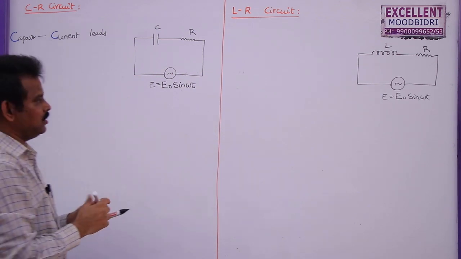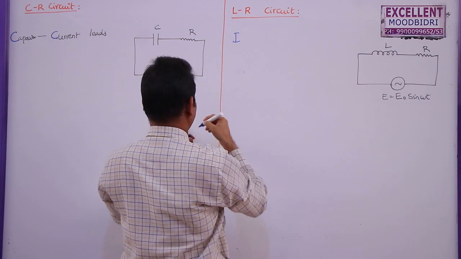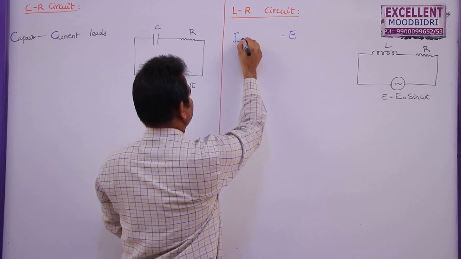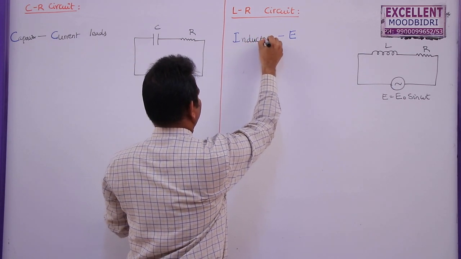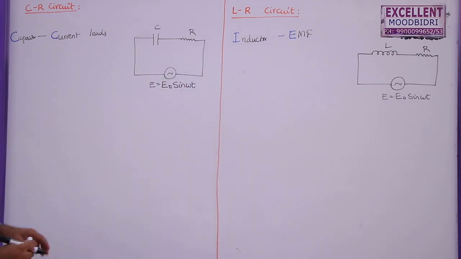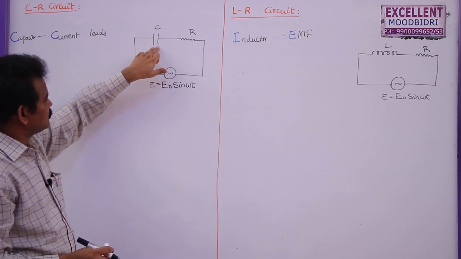Whereas in an inductor circuit, the EMF leads the current. But this is only in the case of a pure capacitor circuit.